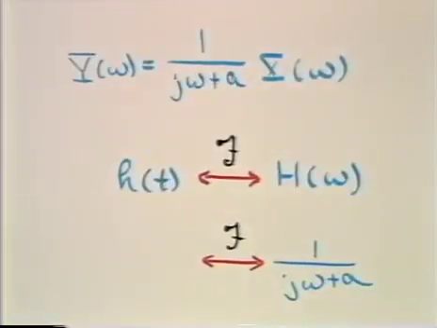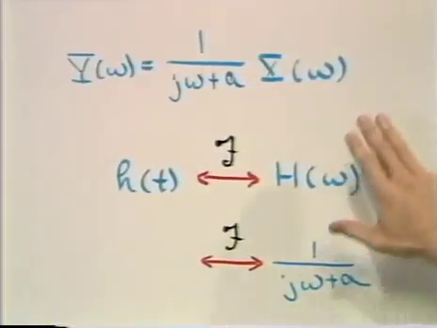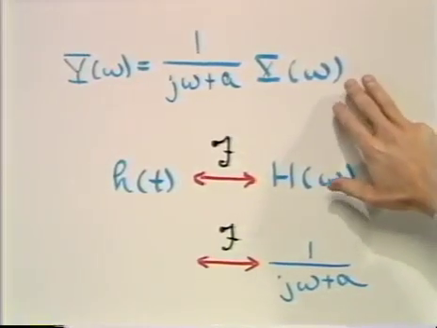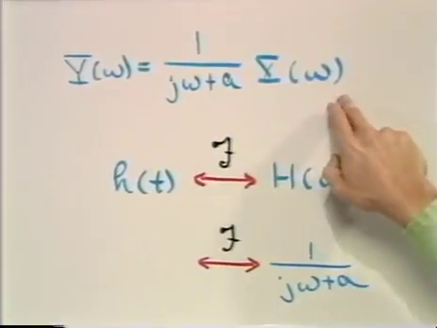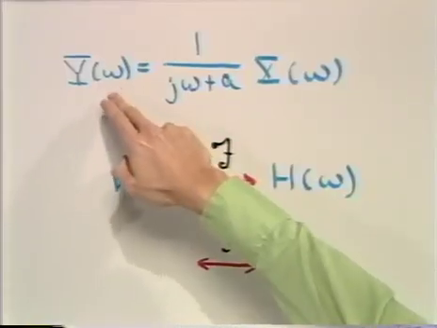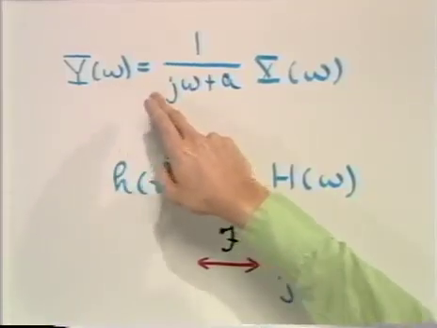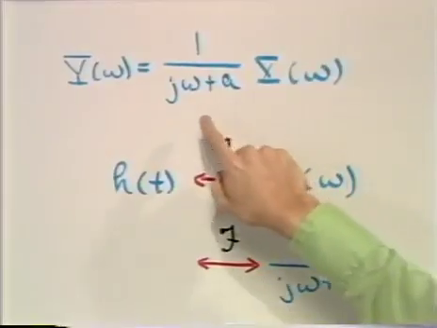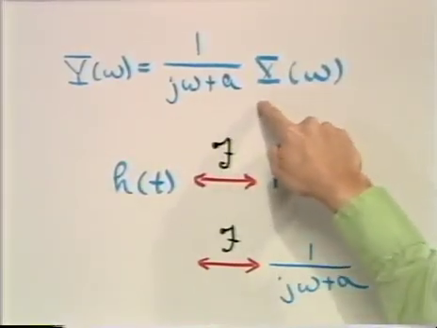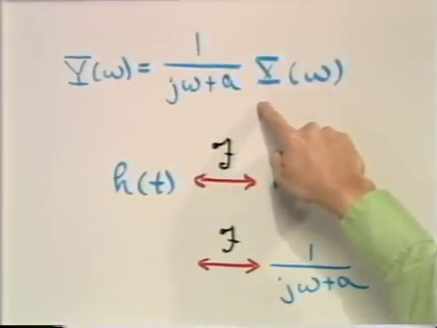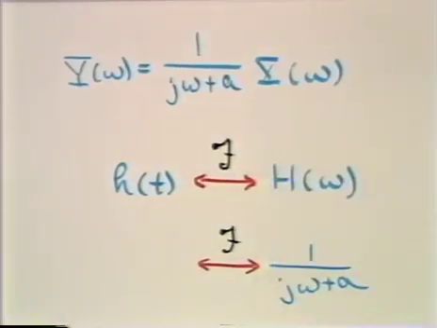Now, so far, this is algebra. And the question is now, how do we interpret this? Well, we know that the Fourier transform of the output is the Fourier transform of the input times the Fourier transform of the impulse response of the system, namely the frequency response.